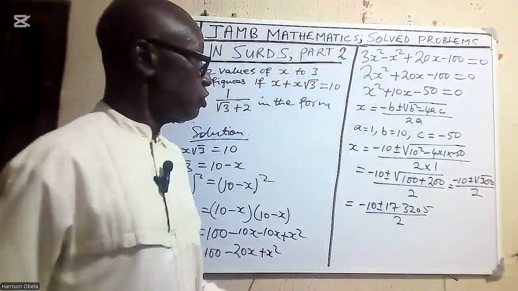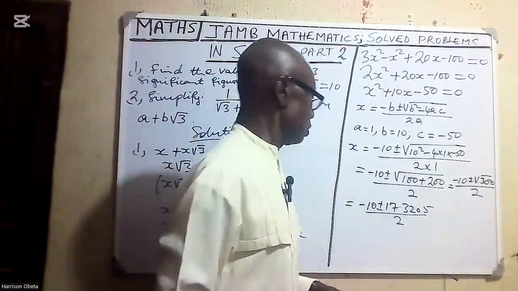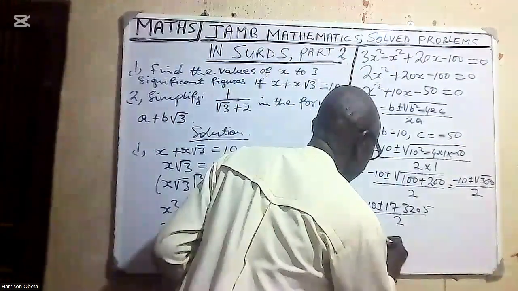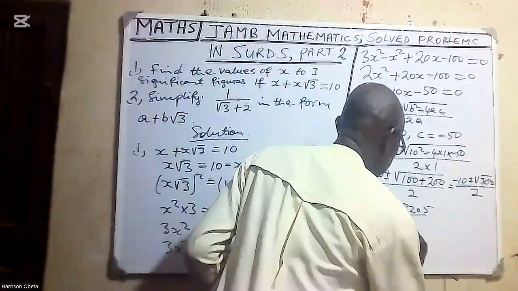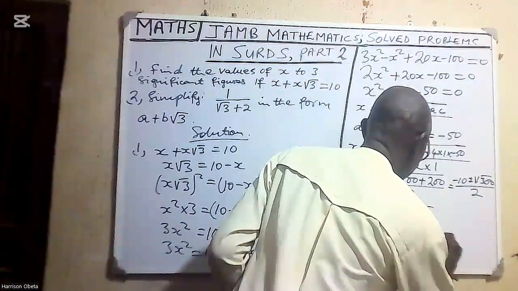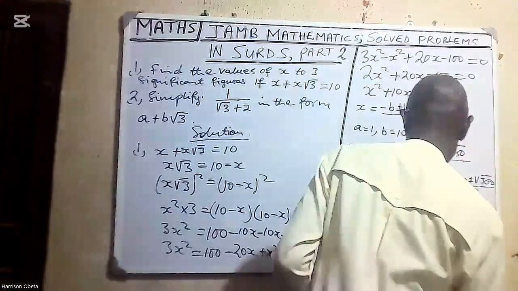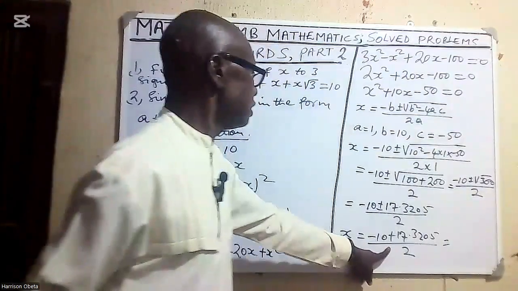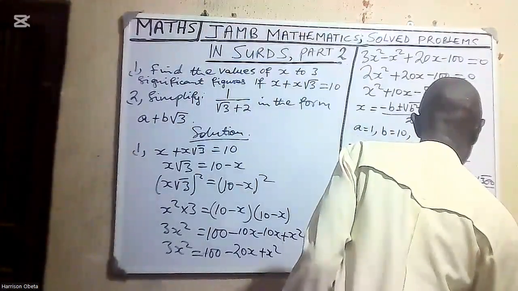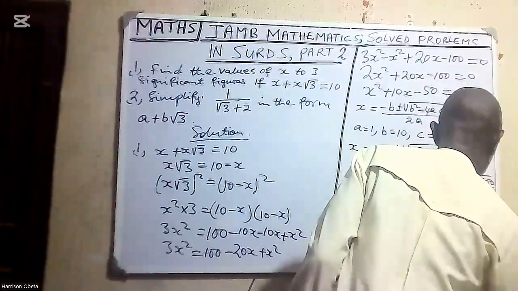And remember that we have two things here: minus 10 plus or minus. Which means x is either minus 10 plus 17.3205 all over 2, which, if you carry out this, will give us 7.3205. We are dividing by 2.